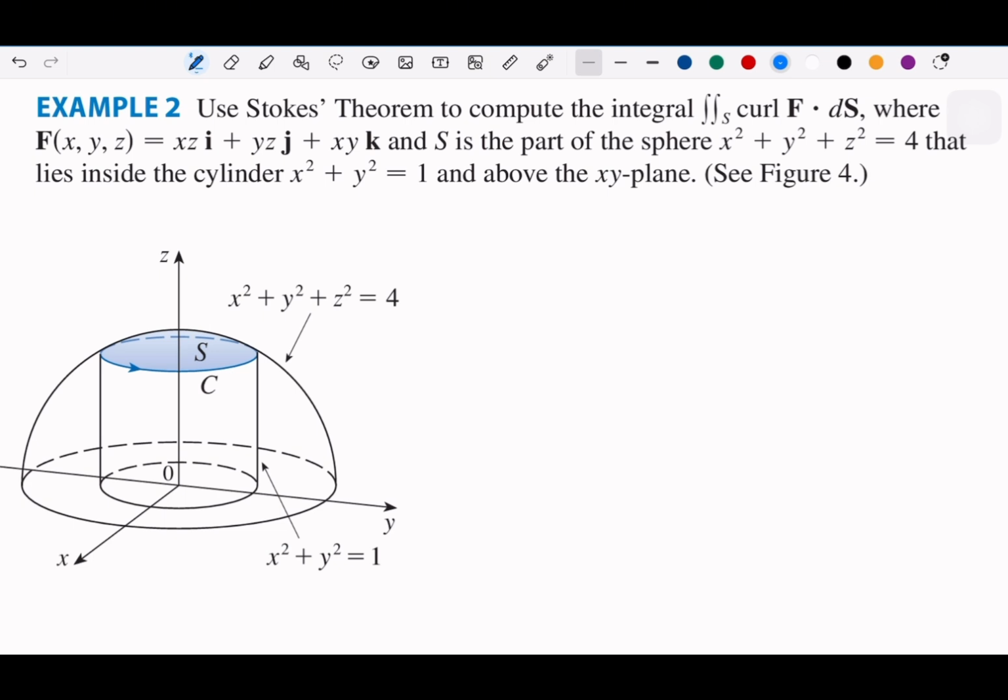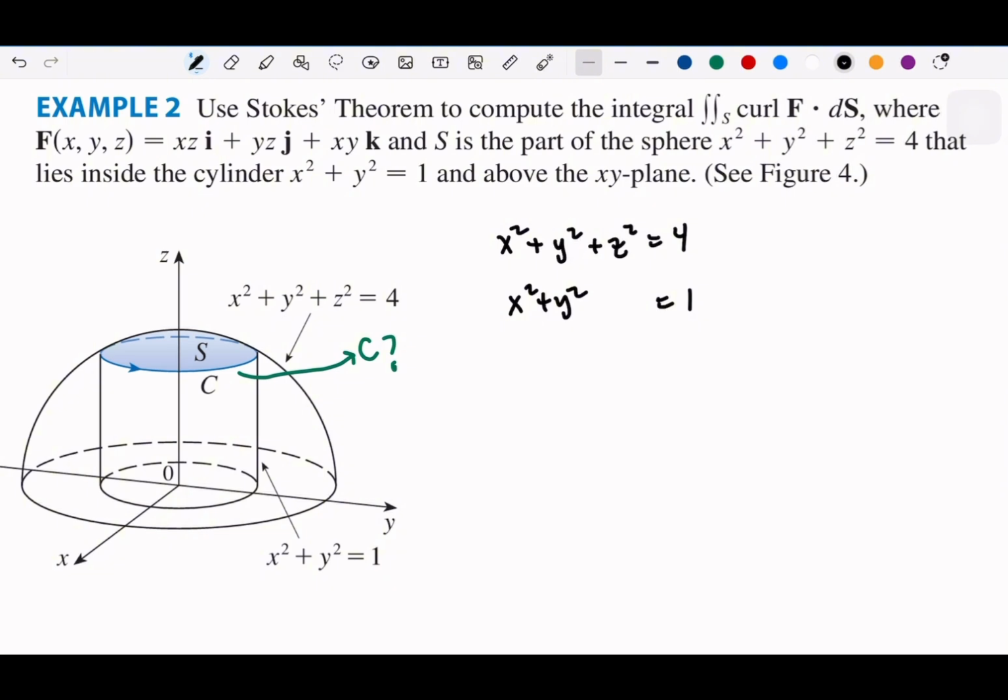So first we need to define the curve C. How to deal with that is basically we have the sphere, so the sphere is these equations, and then we solve with x squared plus y squared equal 1.